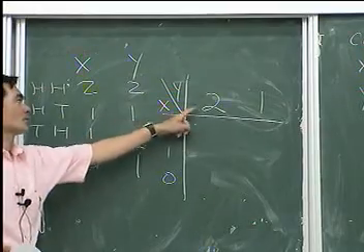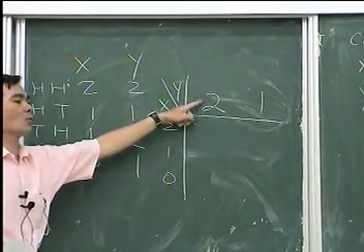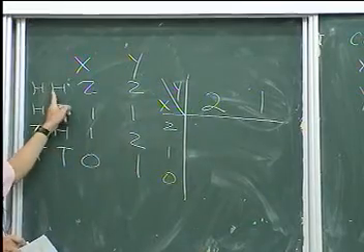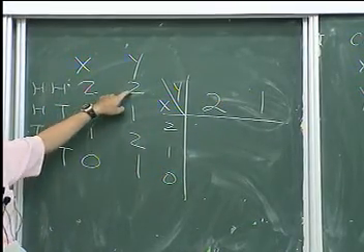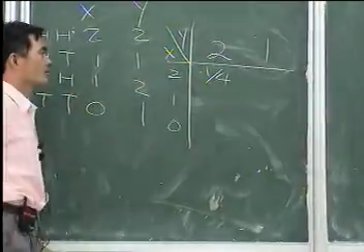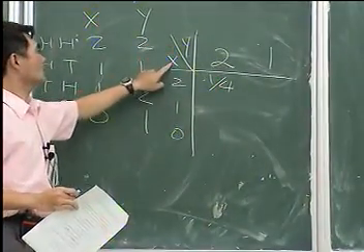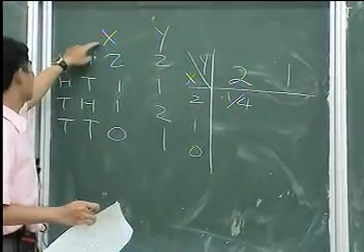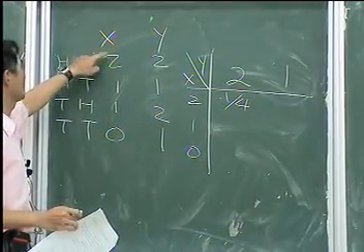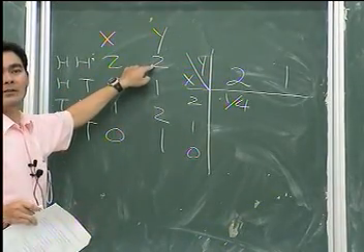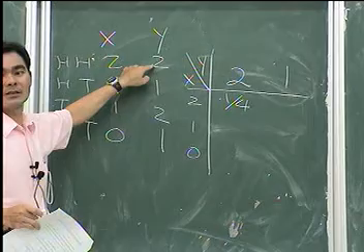What's the chance that X is equal to 2 and Y also equal to 2? It is here, right? 2, 2, so that would be 1/4. What is the chance that X is equal to 2 and Y is equal to 1? What's the probability here?